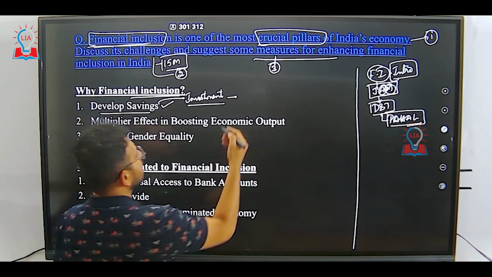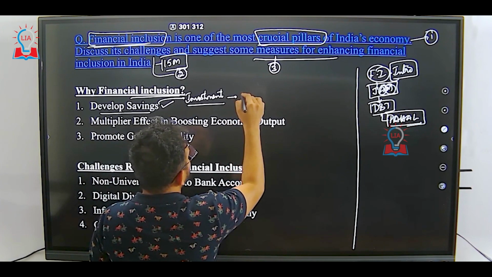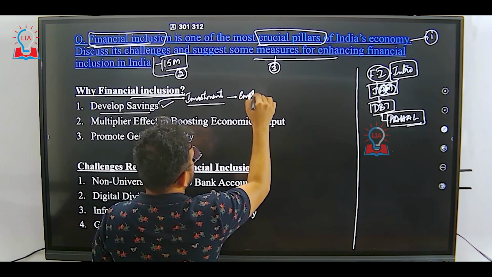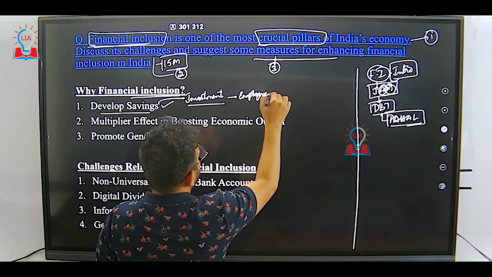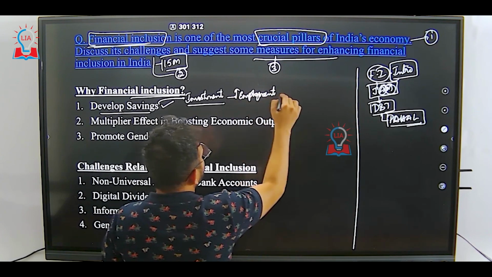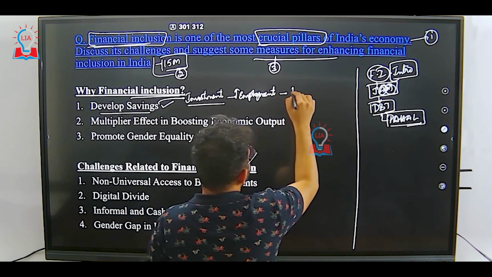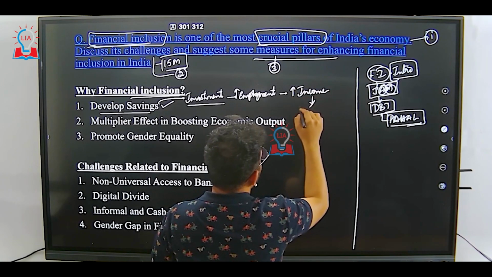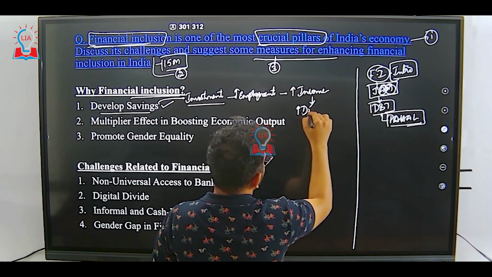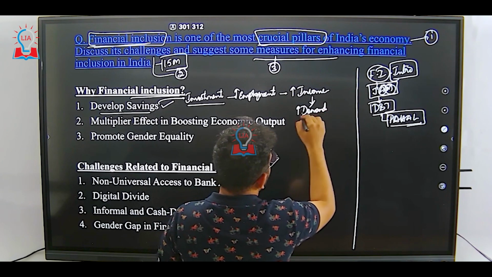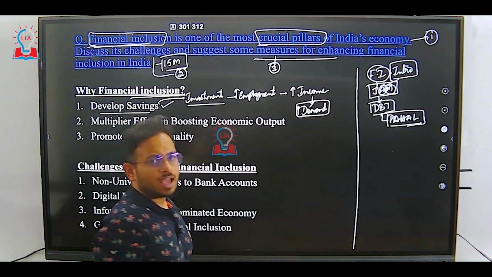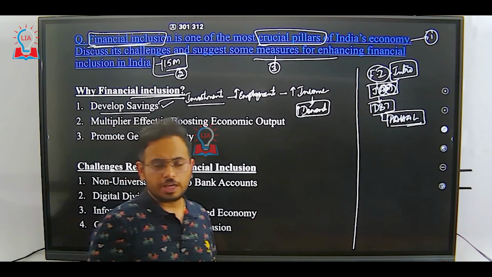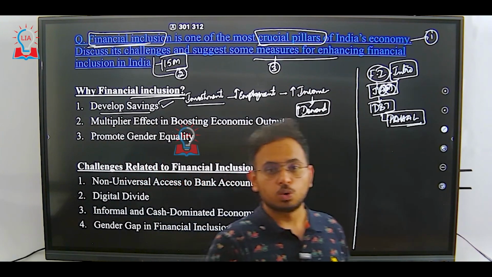Once you have higher investment, you will have higher employment generation. Higher employment generation will always give rise to higher income. Higher income will always give rise to an increase in aggregate demand. An increase in aggregate demand will push the economy towards a growth trajectory.